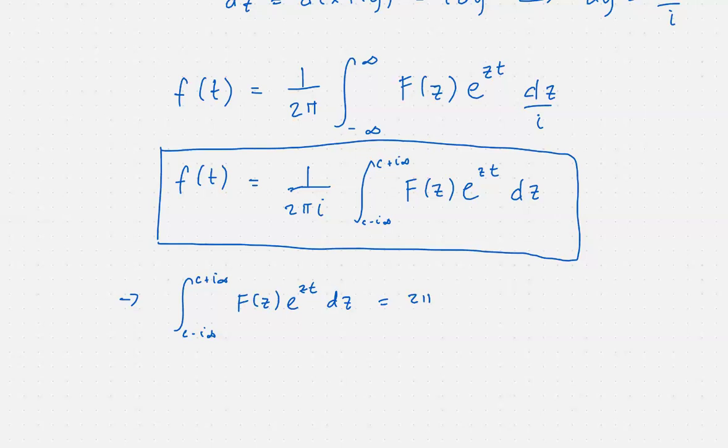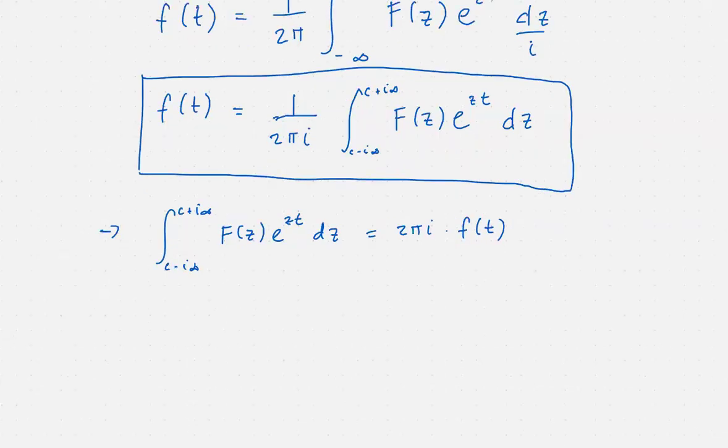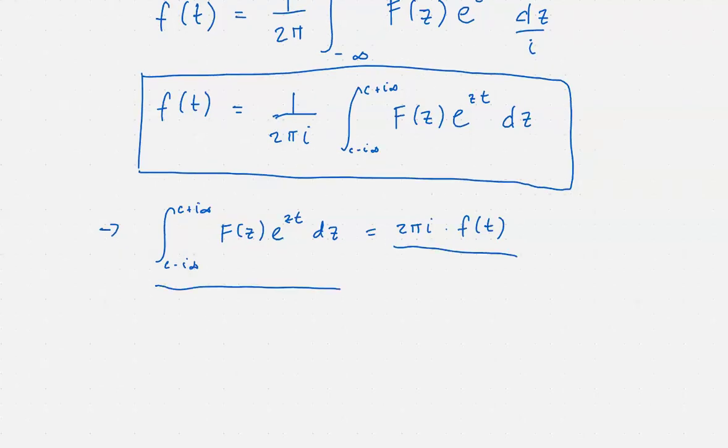If you look at our previous examples, what is something that we multiply to 2 pi i in order to get our integral? So this is our integration problem, and the answer is just 2 pi i times f of t. Now, this is very common. Something that you multiply to 2 pi i to get the integral is actually your sum of residues.